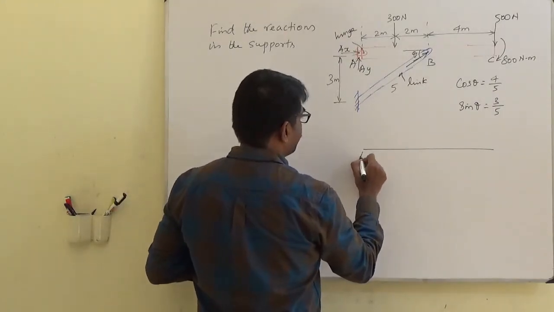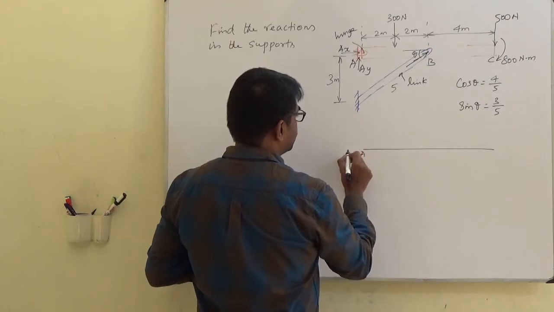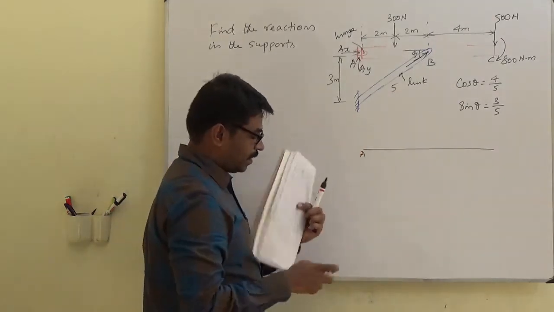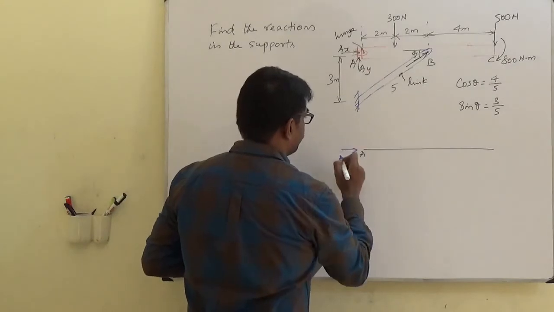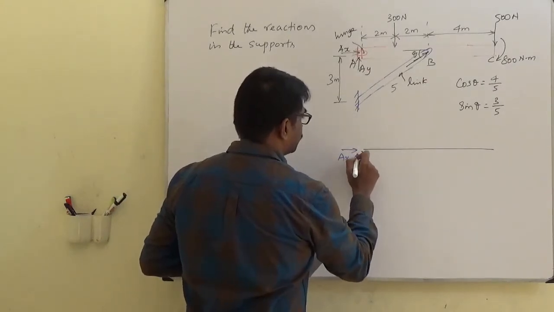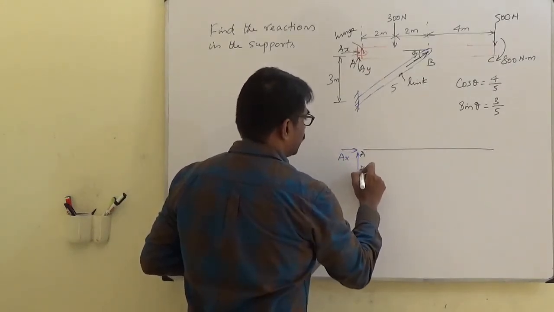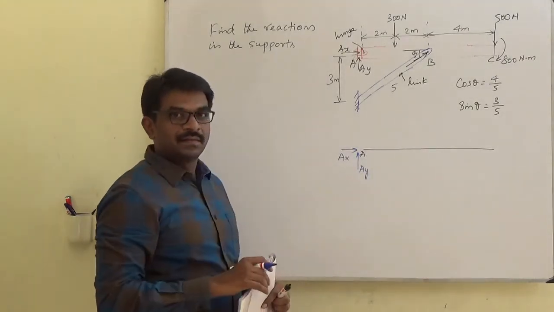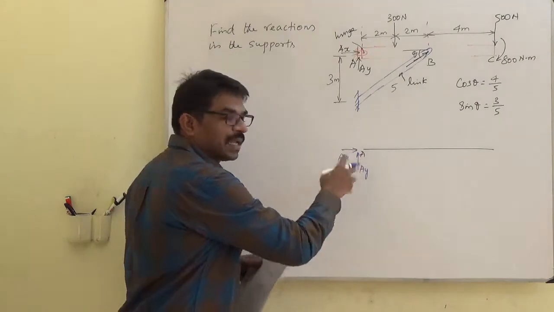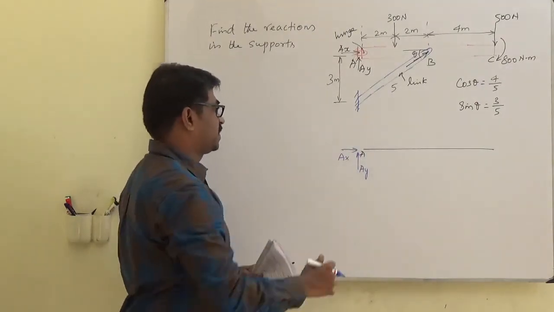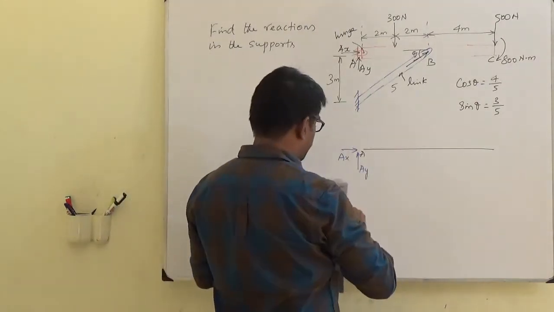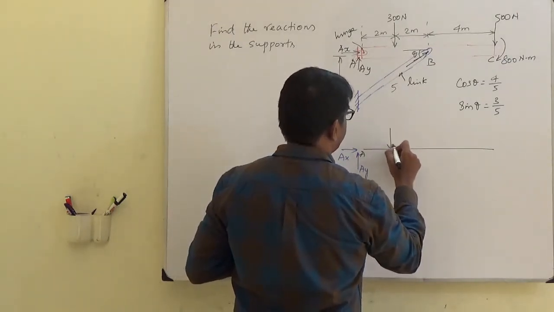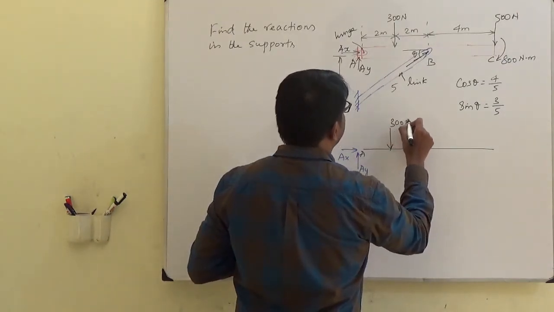And then this end A, AX, AY. I am assuming both the directions because I do not know the direction. I am assuming it, and the external forces are 300 Newton.